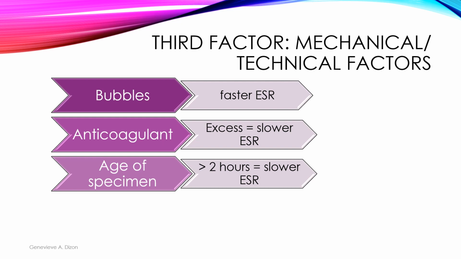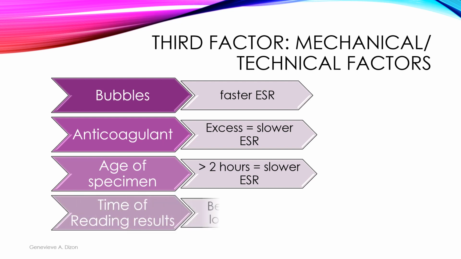And as explained earlier, a poikilocyte or a change in the red blood cell shape would cause a slower ESR. And lastly, we have the time of reading the results. The results should be read at exactly 1 hour. If the result is read before 1 hour, it would cause a lower reading because the final settling of the RBCs has not yet occurred.